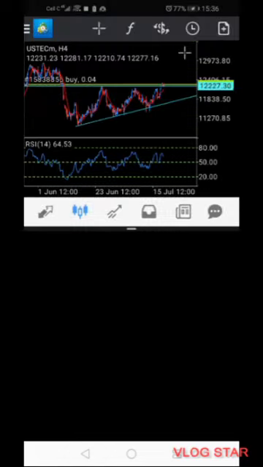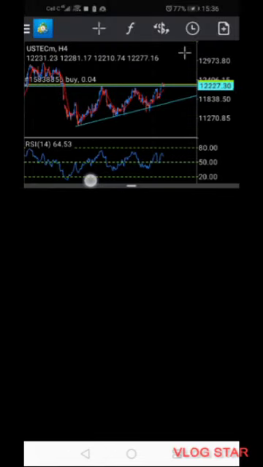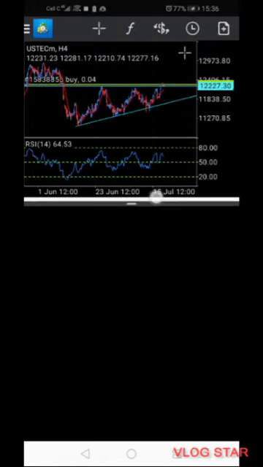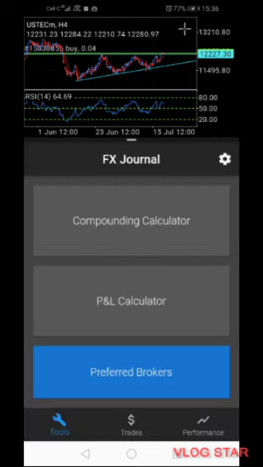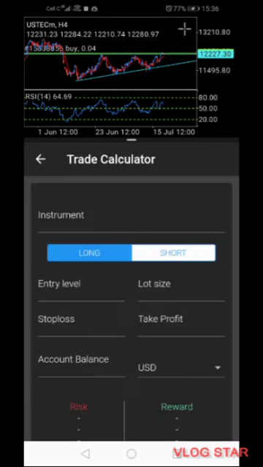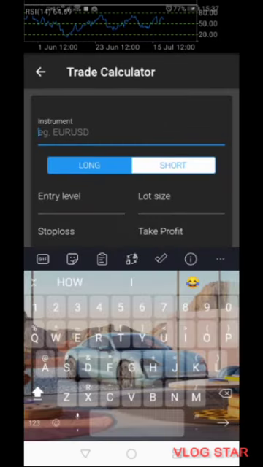That's what we're trading. I think it's slowed down a bit. Let me just close it and reopen. There we go. Profit or loss calculator. I'm going to enter the instrument. So I'm going to say Nasdaq. And we are going long. So I press long.